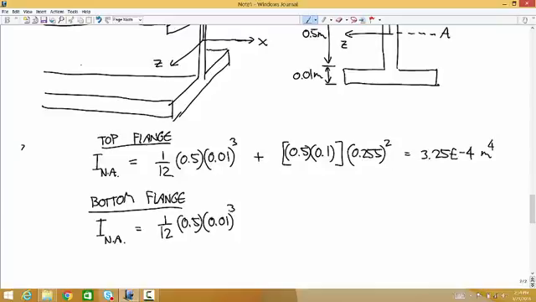What's the distance for this one? Yeah, it's the same. It's symmetric. So 0.5 times this should have been 0.01. 0.01 times 0.255 squared, and you get the same thing.